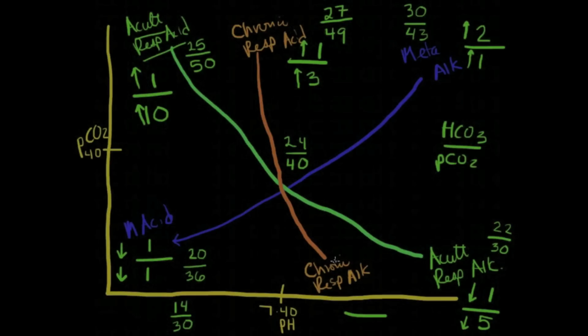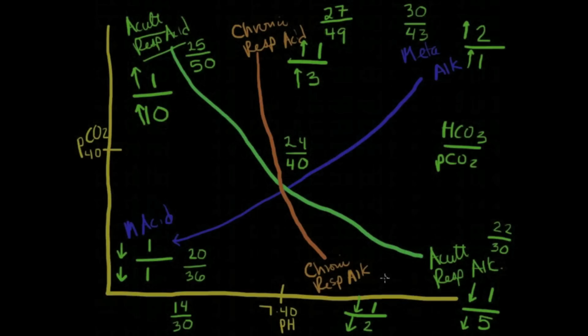And then similarly over here, chronic respiratory alkalosis, here the kidney has been allowed to kick in, so we're not going to get as much CO2 drop per drop in bicarb. And so here the CO2 is dropping again, but for every 2 points that it drops, the bicarb goes down by 1 point. And so what would that mean?